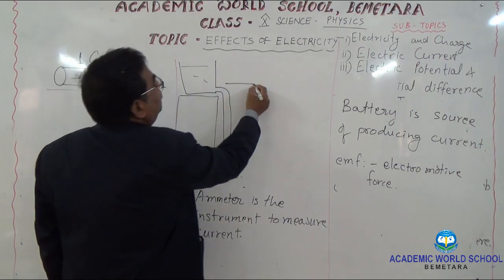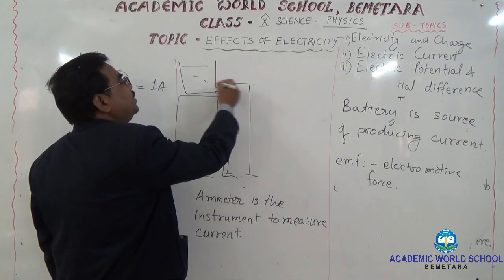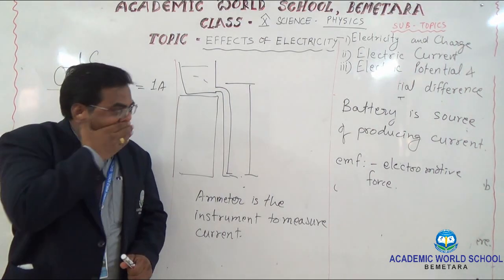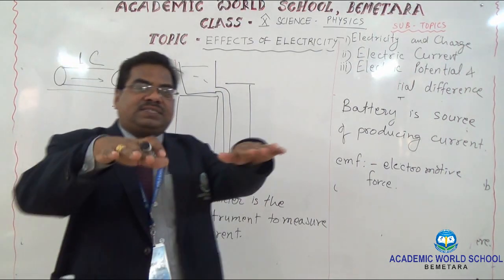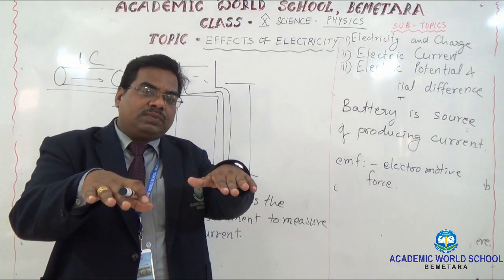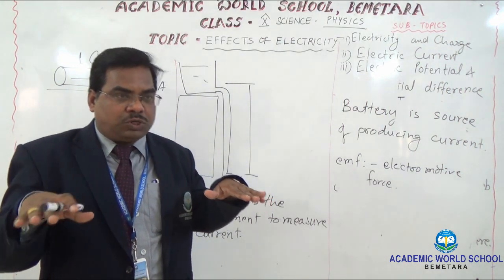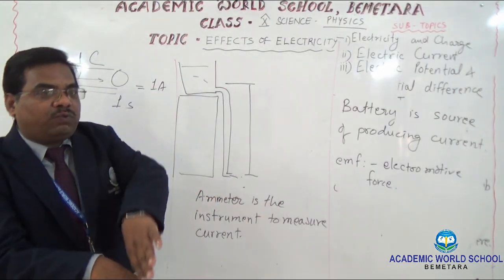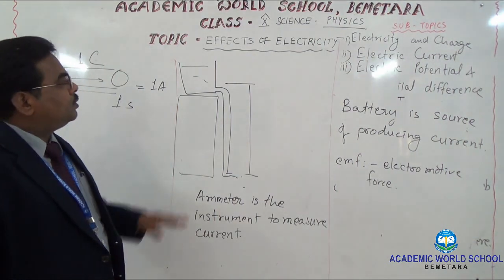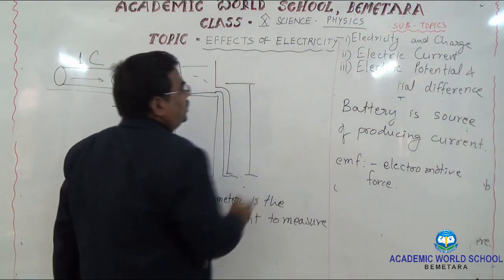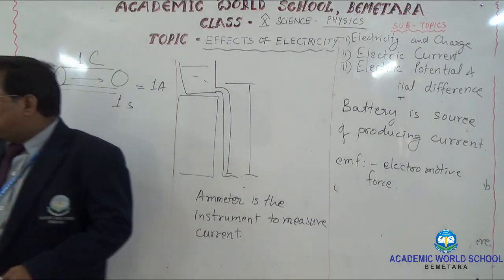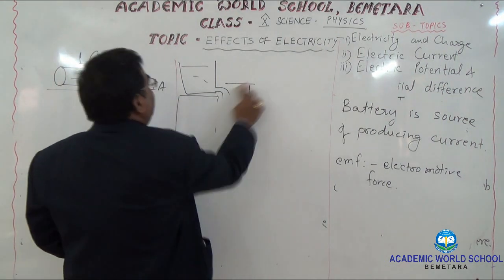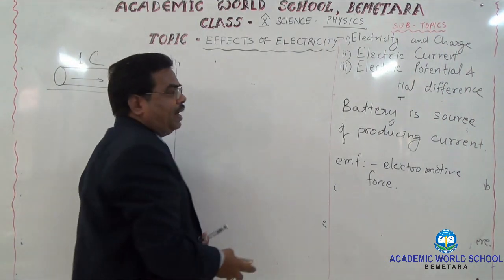There is a difference in height, and only then will the water flow. If the tank and the tap are both at the same level, will the water flow? The answer is no. Surely a difference in height is required for the water to flow down. In the same way, a potential difference of the charge is needed for making the charge flow in the conductor, and that is provided by the cell or battery.